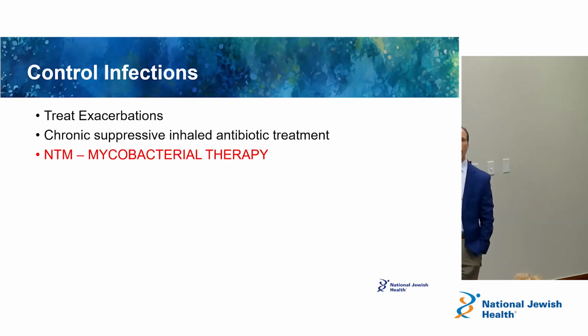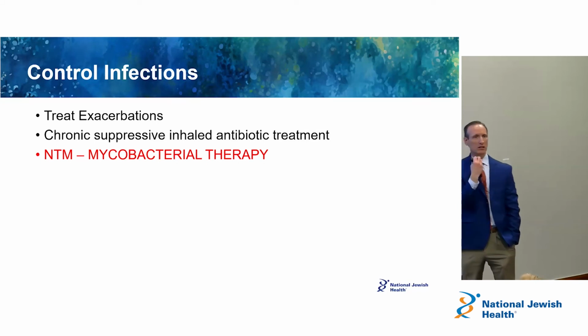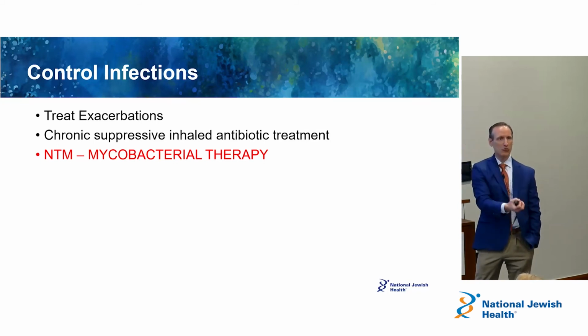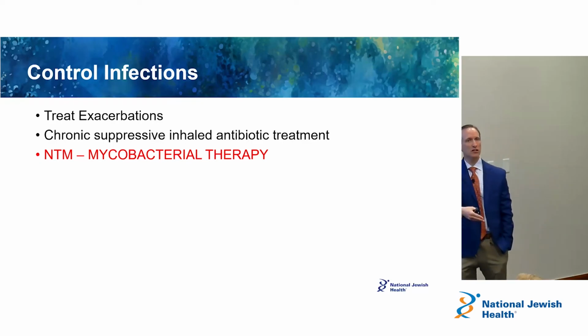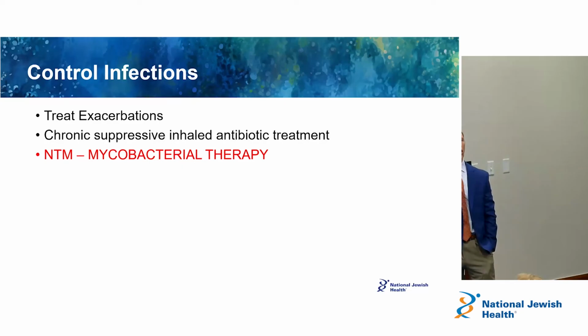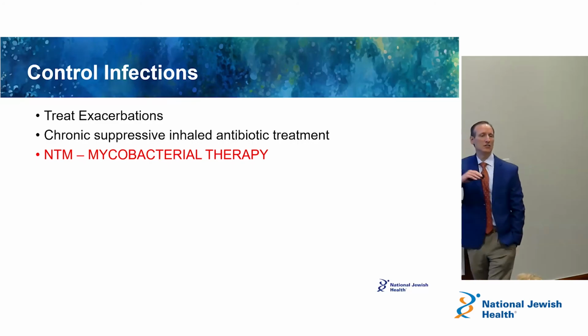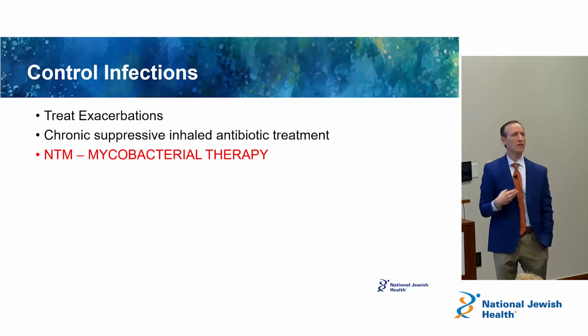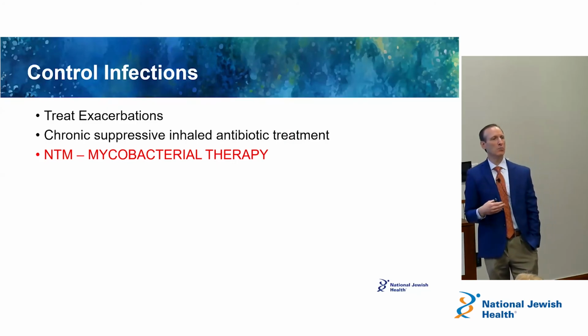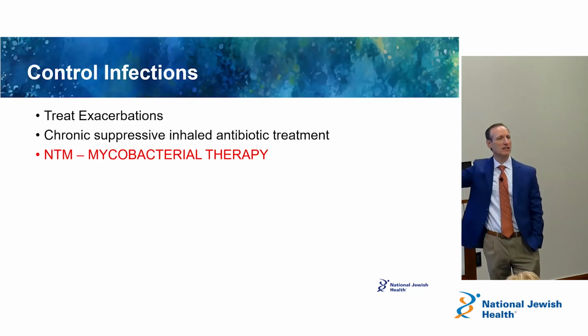Sometimes we'll put them on a neb machine, where they're nebbing, putting an antibiotic through their lungs, in other words, inhaling it. And they do it on for a certain amount of time, be it 2 or 4 weeks, off, and then on, and then off, and potentially indefinitely. And so inhaled antibiotics is another tool that some of our patients need to help just calm down these chronic infections.